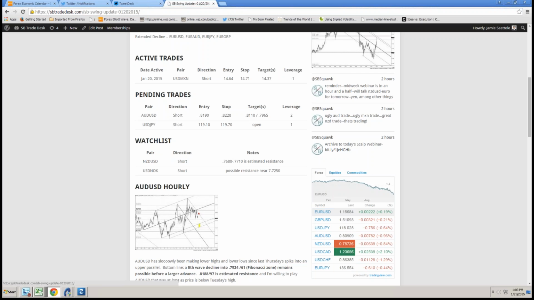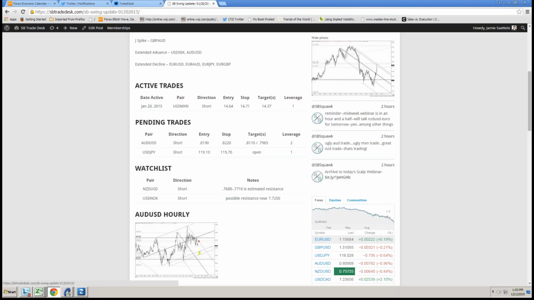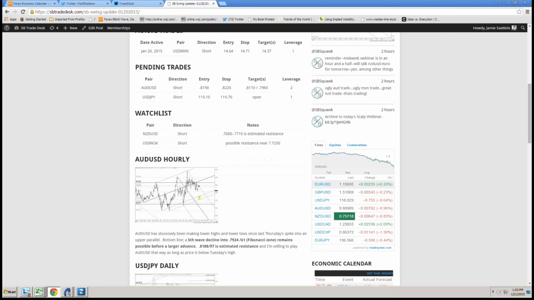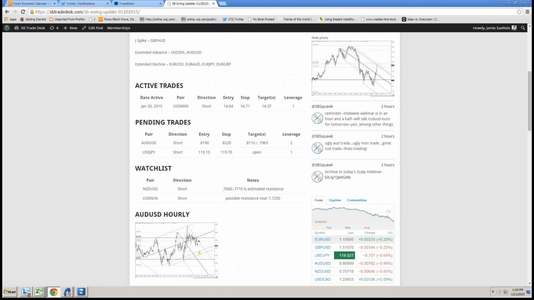The risk is that when you have a closer stop, you're more likely to get stopped out by noise. That happened with the Aussie trade last night. The Aussie entry was 81.90. We're trading below 81 right now, but the 82.20 stop was hit. The high of the day was like 82.35 or something, and the Aussie was ticked out. So you need to decide.